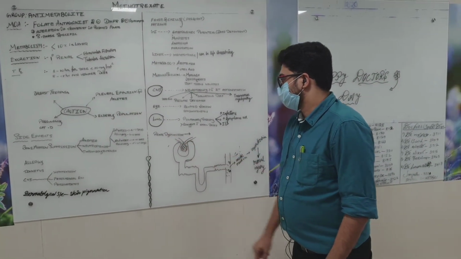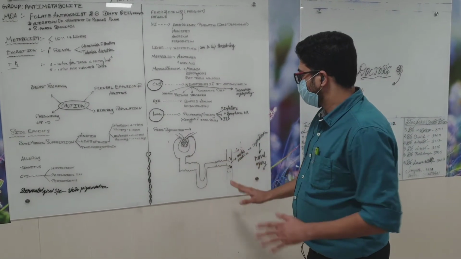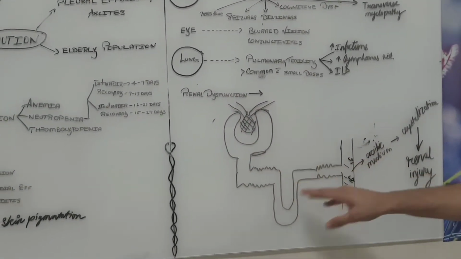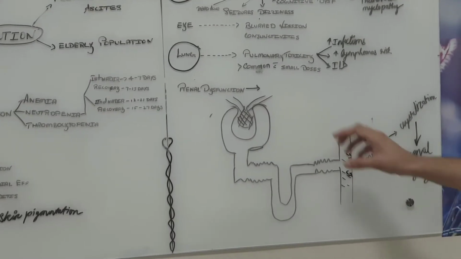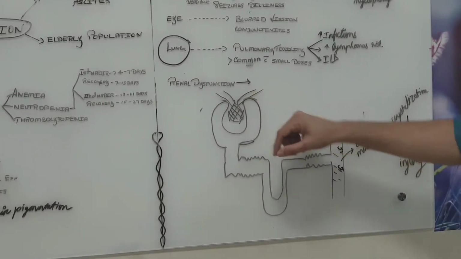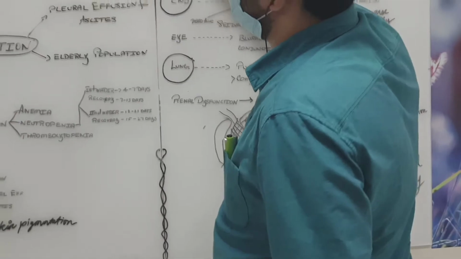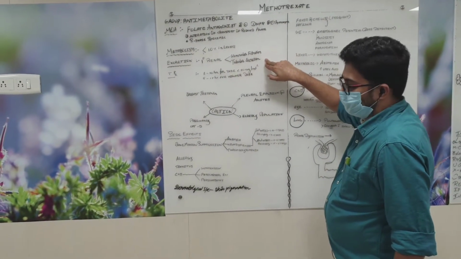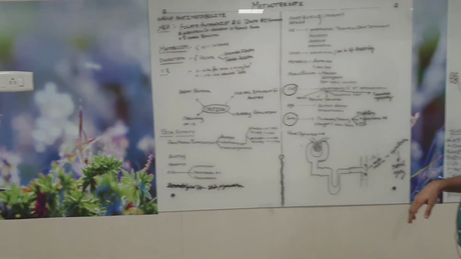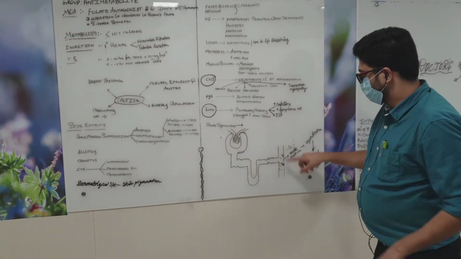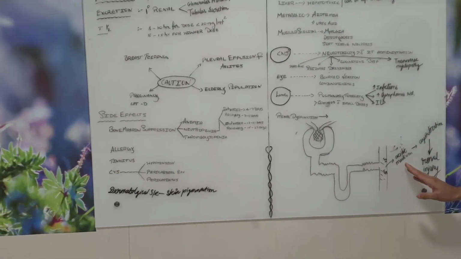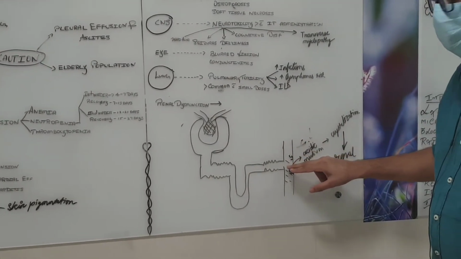So this is a very rough diagram of a nephron. This is a glomerulus, and we all know these are collecting ducts. We have seen in the excretion that it is excreted by glomerular filtration and active tubular secretion. So when methotrexate comes into the collecting ducts, if the medium here is acidic, all the methotrexate will crystallize and cause renal injuries.